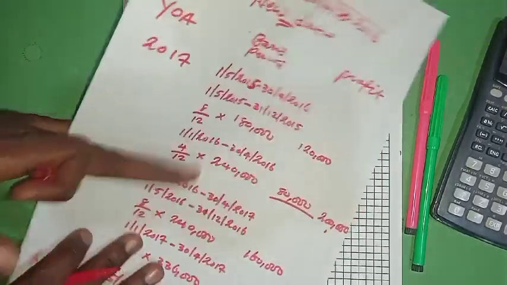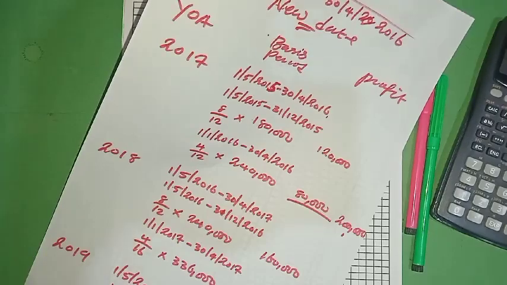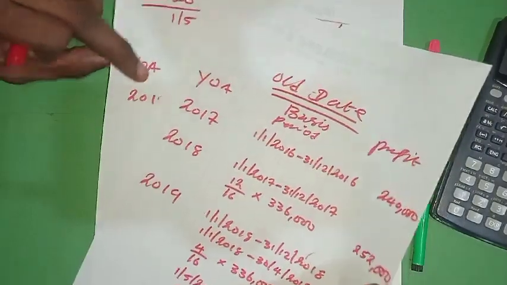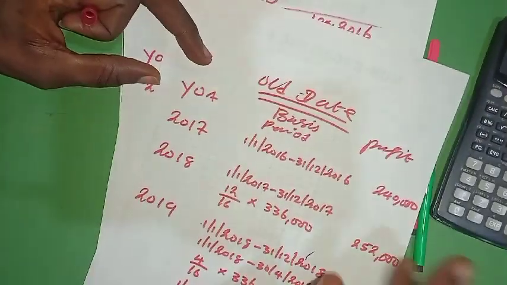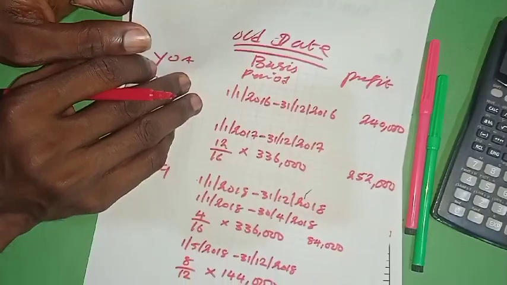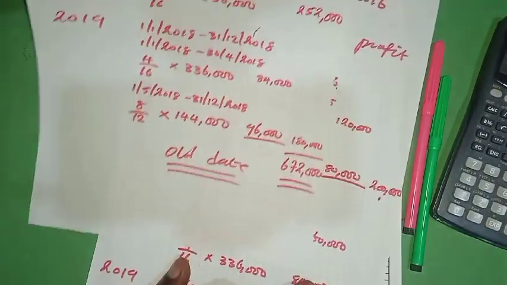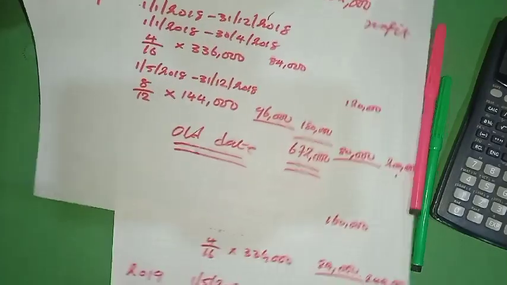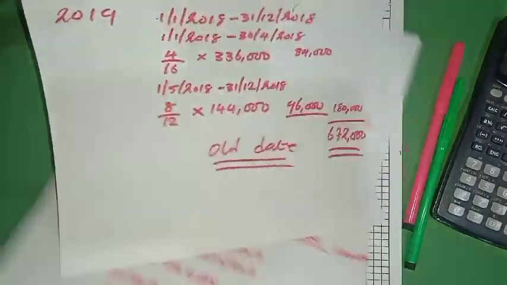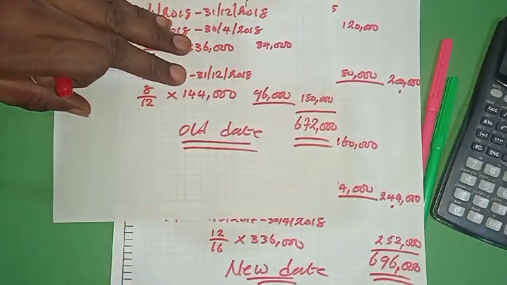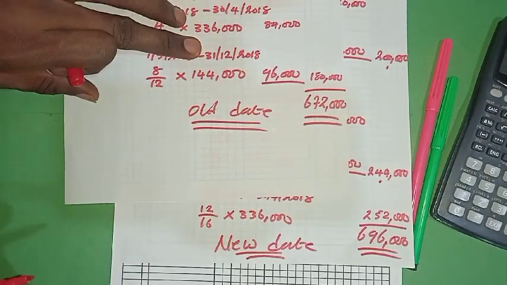Now, as tax authority now, let us compare the one we're going to choose. Because the tax authority will be the one to choose. Now, this is the old date. Hope you can see it. Old date and new date, yes.